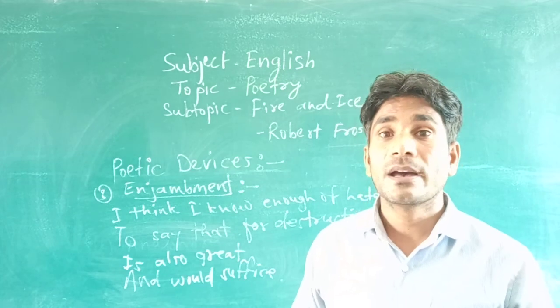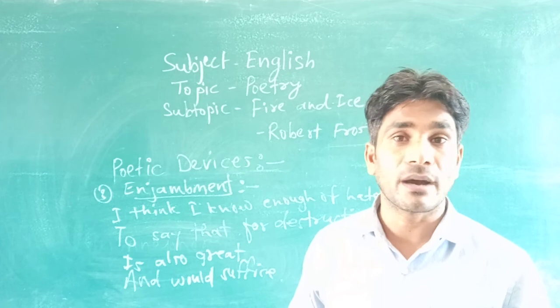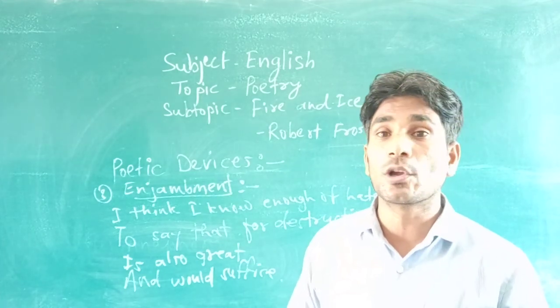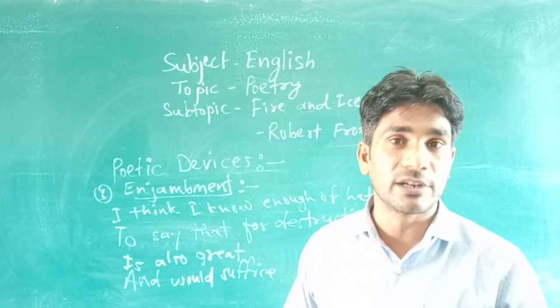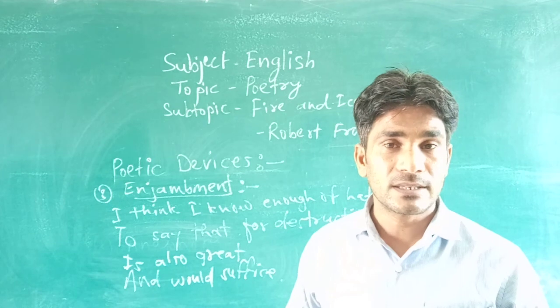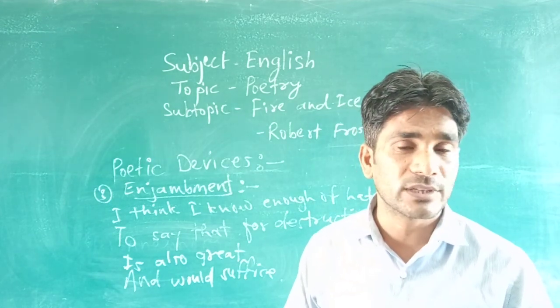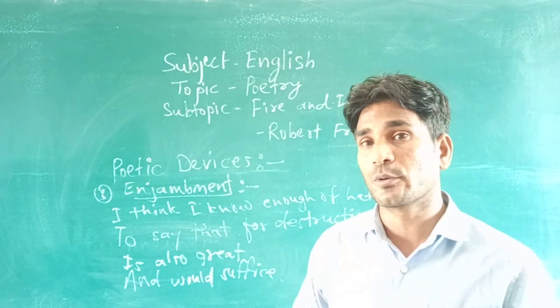The qualities of mind and power. माइंड जो इंसानों को होता है, पावर जो इंसानों को होती है, these 2 human qualities are attributed to fire and ice. So this way personification is also there in this poem. So these are the poetic devices that are used in the poem.